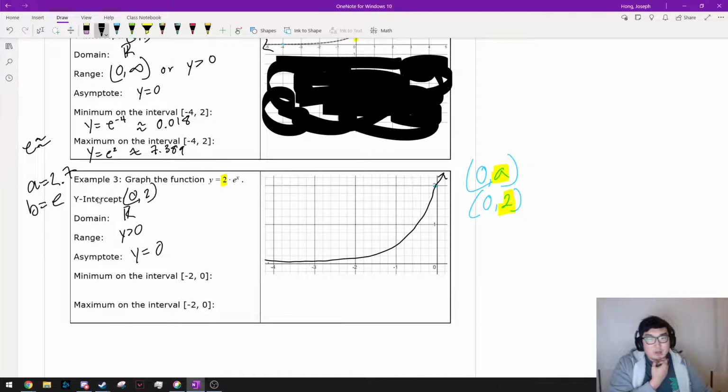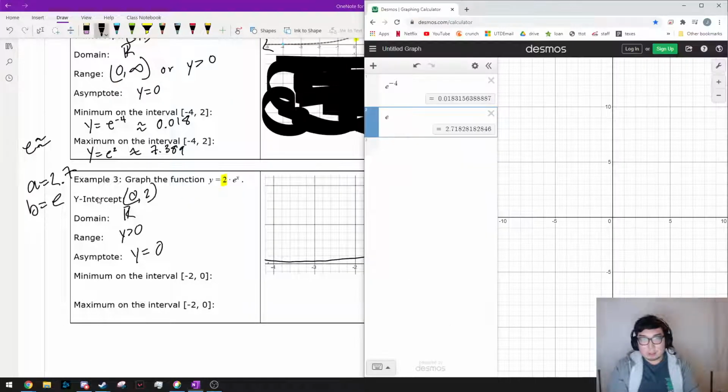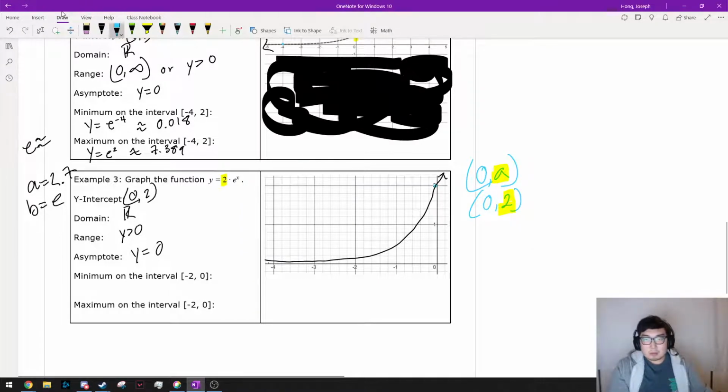So it's the same question. Minimum and maximum intervals. So I know that this right here of -2, I know that this is greater or less than this. So this has to be my minimum, -2. So e to the power of -2, which is approximately, and e to the power of 0, which I know that's 2.